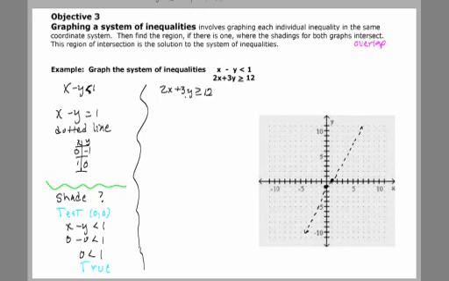Let's graph the boundary line for this one, which is the associated equation, 2x plus 3y equal 12. This one's going to be a solid line because it has the equal to.